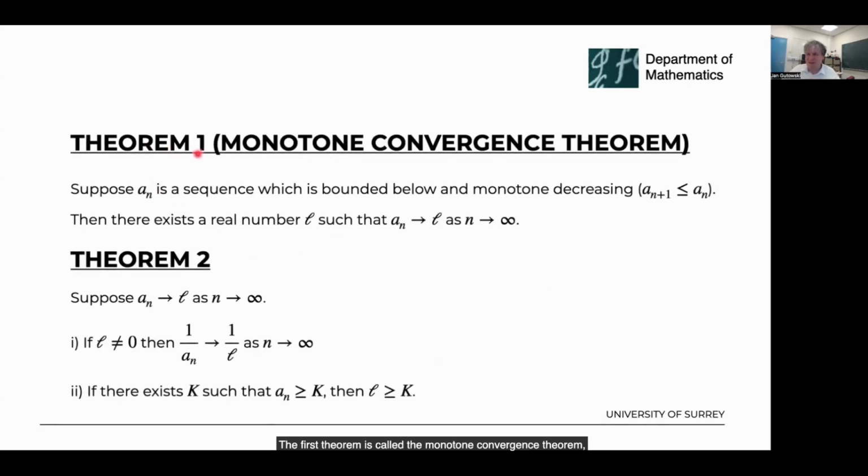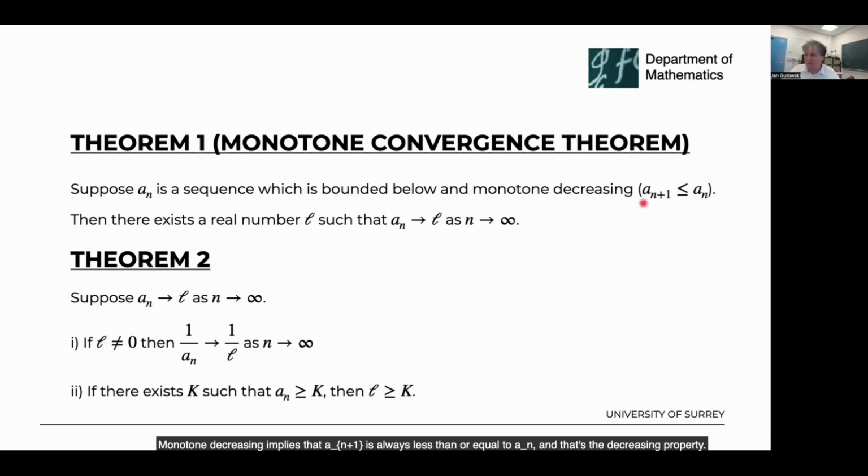The first theorem is called the monotone convergence theorem, and this is an absolutely key theorem used to establish the convergence of certain types of sequences. And the statement of the theorem is as follows: suppose a_n is a sequence which is bounded below and monotone decreasing. So bounded below means there is some c such that a_n is always greater than or equal to c for all n.